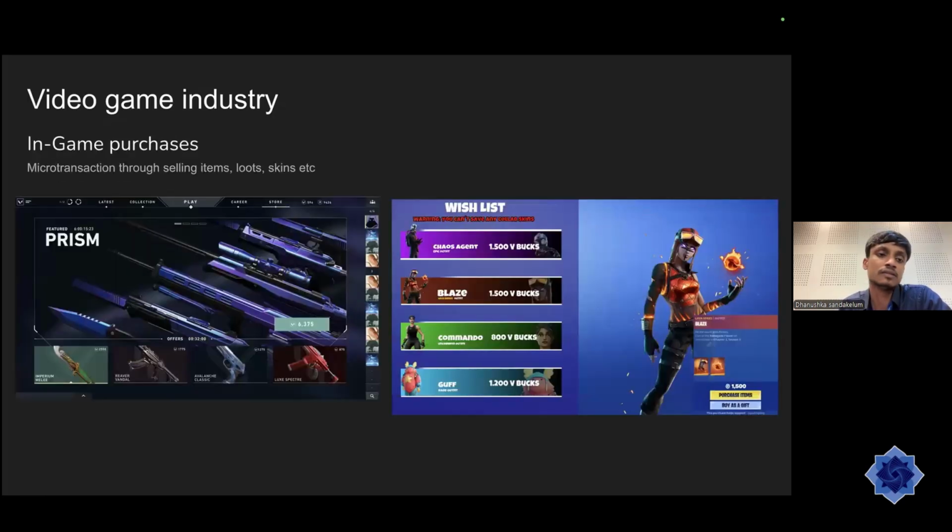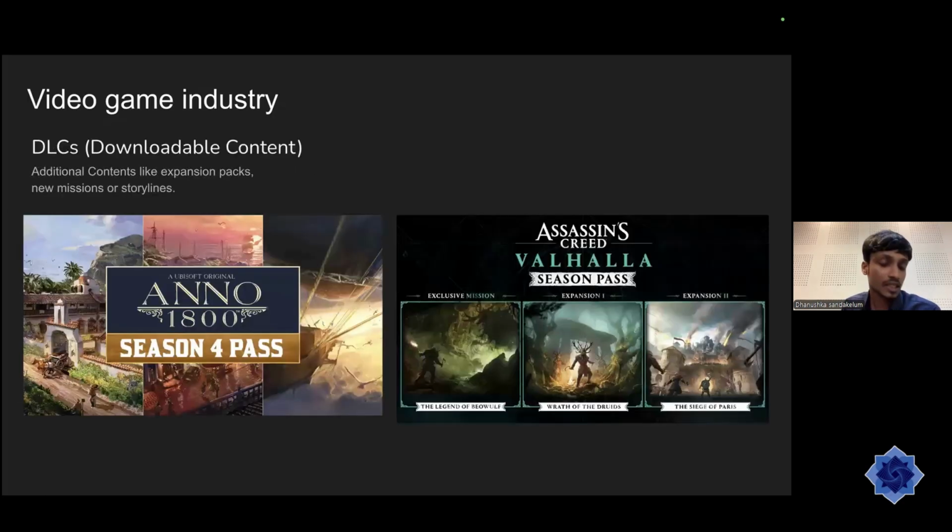And the second way is basically in-game purchases. Games like Valorant, Fortnite, Call of Duty, any sort of game basically, sell in-game purchasable assets like loot, skins, items, things like that, right? So this is another way of generating revenue. And one other thing is DLCs, or downloadable content.